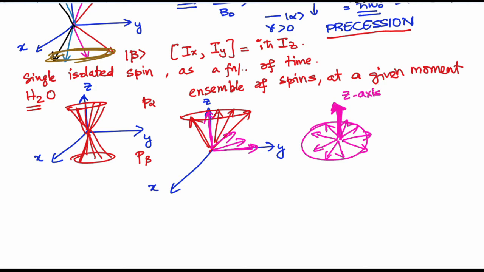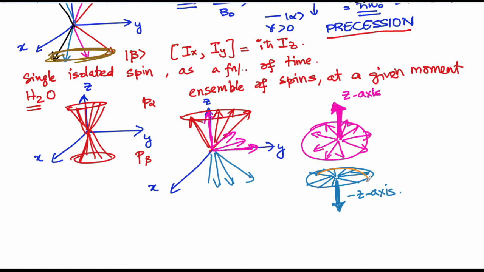When you repeat the same exercise for the beta spin, you would have the same type of random phase in the transverse plane, with the components pointing along the z-axis adding up. Due to this, the vector sum of anything transverse goes to 0. But on the other hand, all the longitudinal ones end up giving a magnetization.